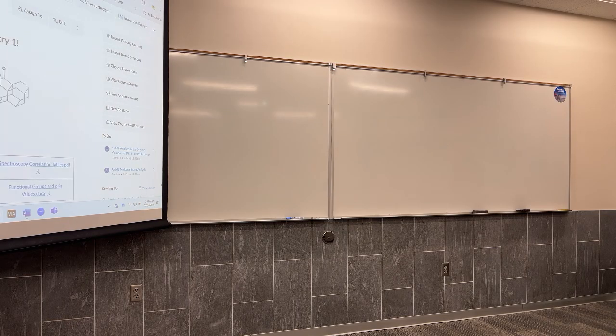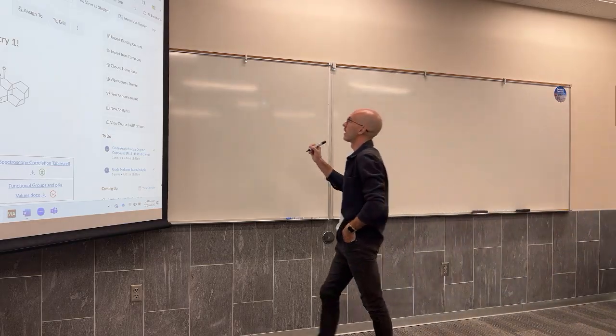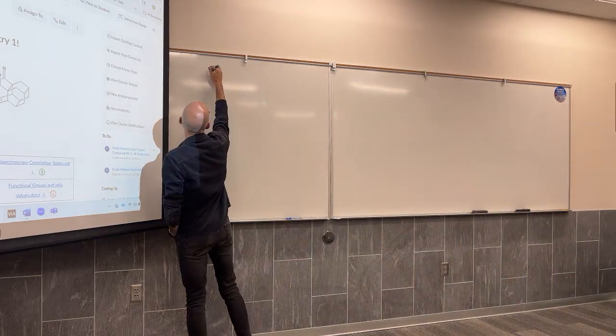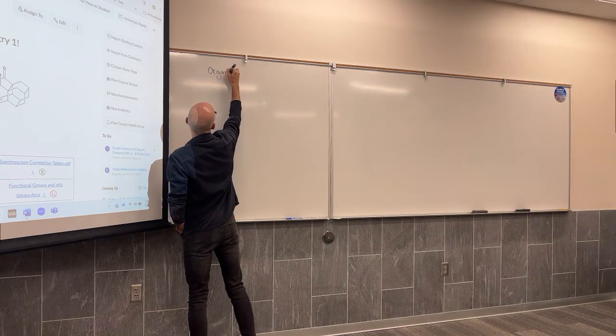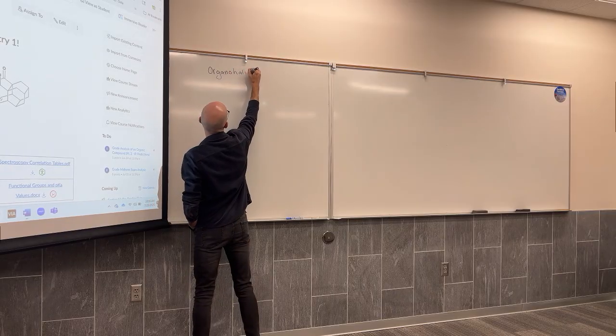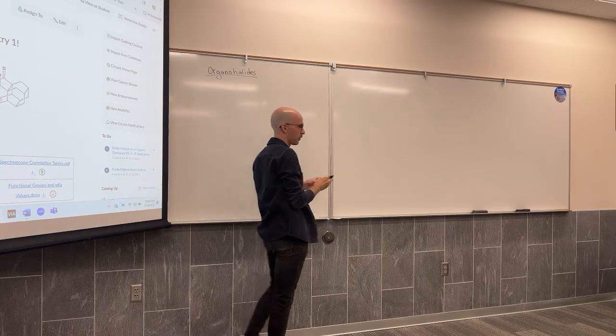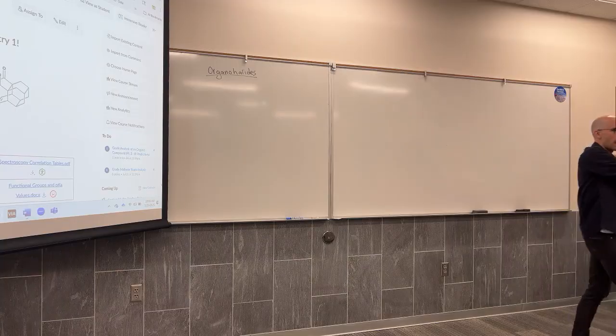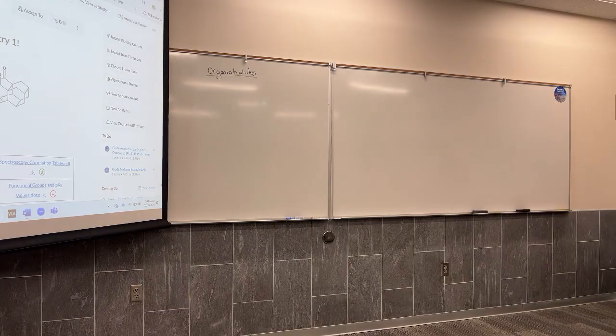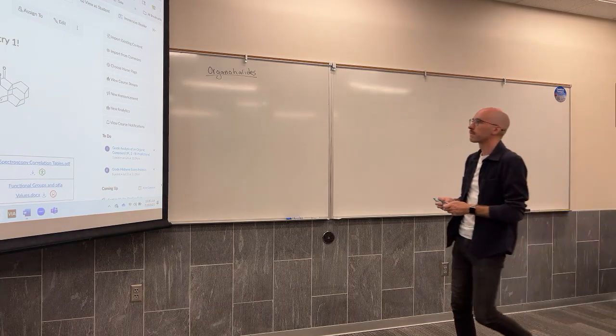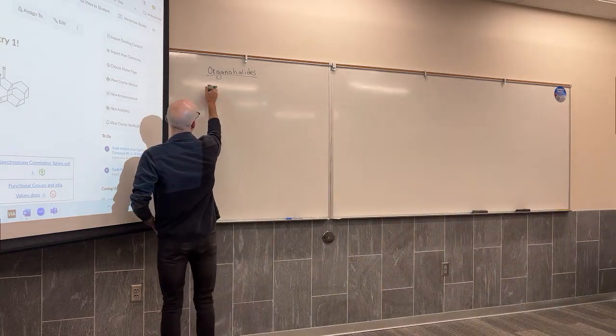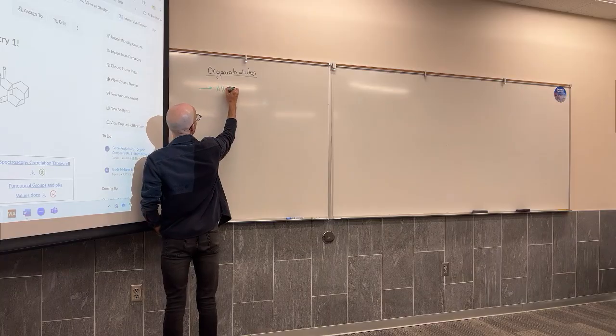All right. A couple of reactions that I want to cover, but they actually revolve around organohalides. So I want to do a quick overview on organohalides and things that we can do with them, things that we cannot do with them. Organohalides break down into a few different families.